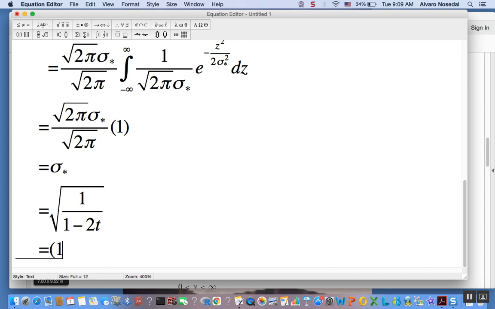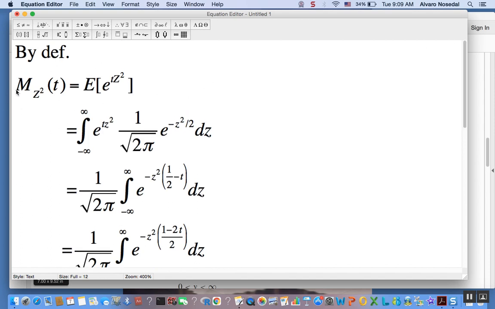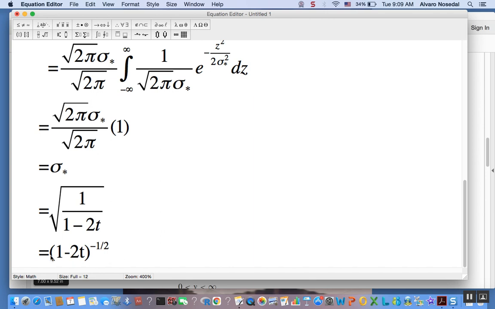This is the same as (1 minus 2t) to the power minus 1/2. And that would be the MGF of Z squared. So that's the first part of the method of moment generating functions.